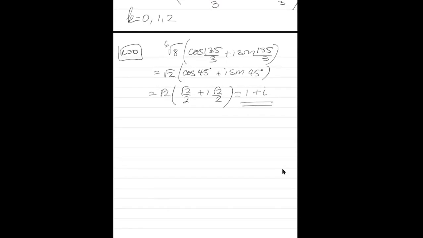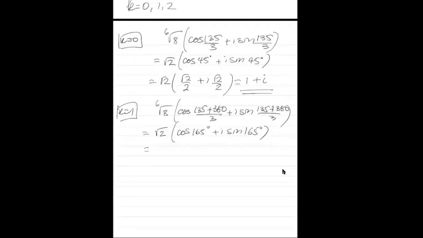The second one, we'll find if k equals 1. So we're going to have 6th root of 8, again, cosine of, let's see, here's our formula right here. This is what we're looking at. So if k equals 1, we're going to have 135 plus 360 divided by 3, plus i sine of the same thing.